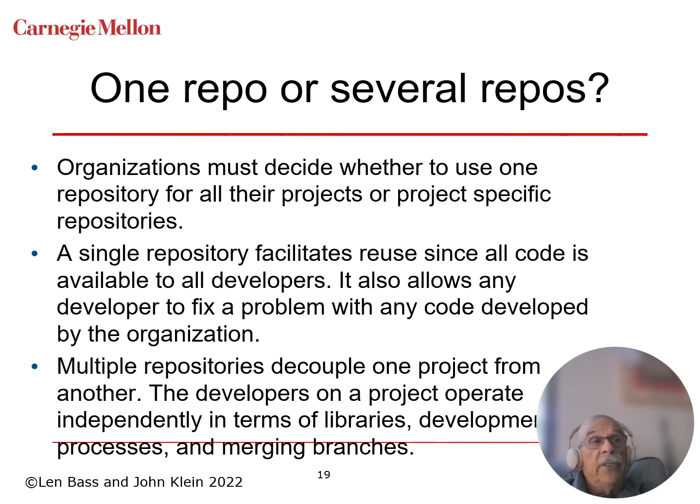And so that facilitates reuse. You know, another team is doing something that's similar. You make a copy of one of their modules, and then you make whatever modifications you need and call it your own. It also allows a problem to be fixed anywhere in the system. So if there's a problem and you locate it, you can check out the appropriate code, fix the problem, and check it back in.